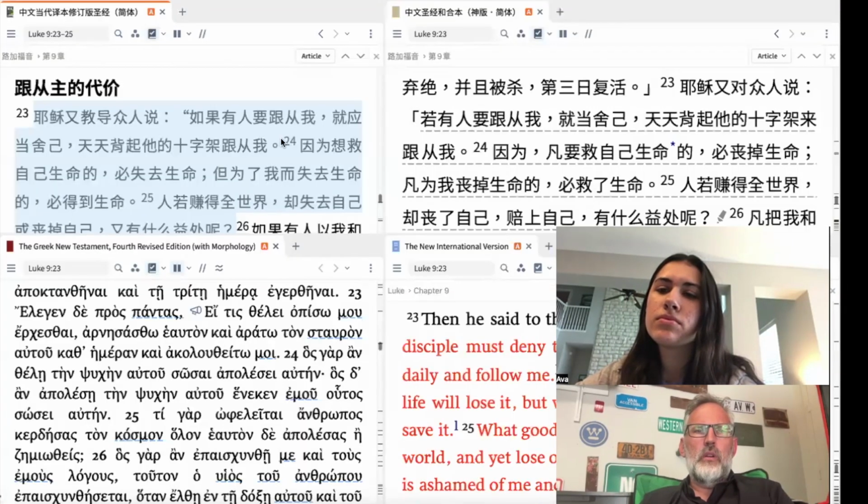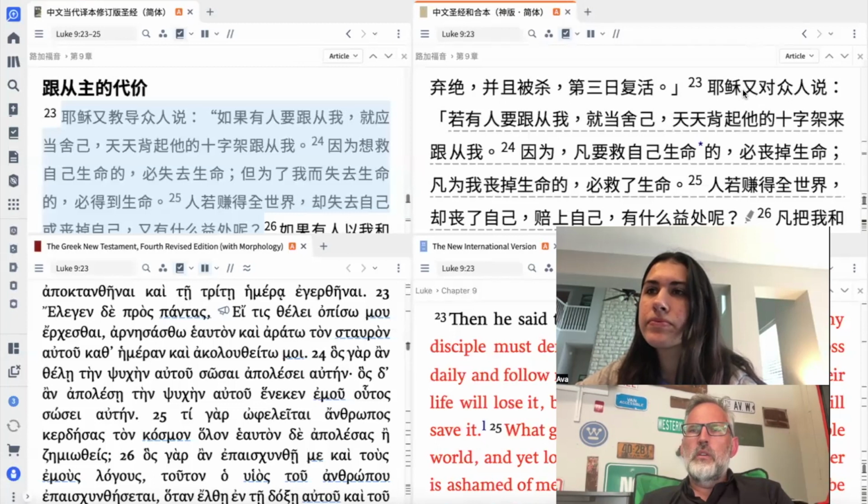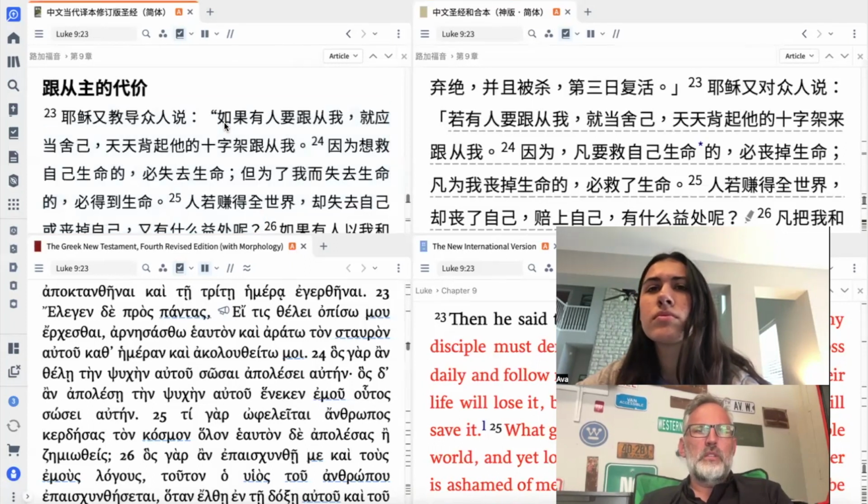Looking back over here, we can see the 和合本, 耶稣又对众人说 若. So it's interesting, they both use 若, but they don't both use it at this place, because this one starts off with 如果有人, this one says 若有人要跟从我就当舍己.